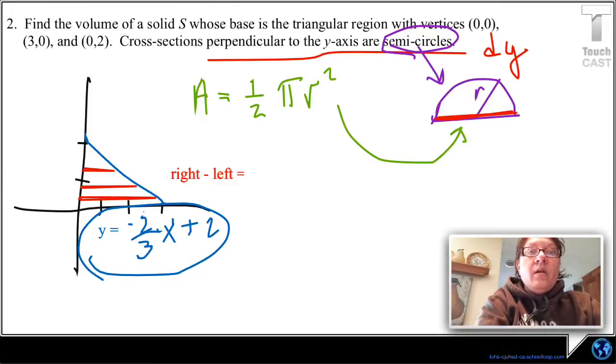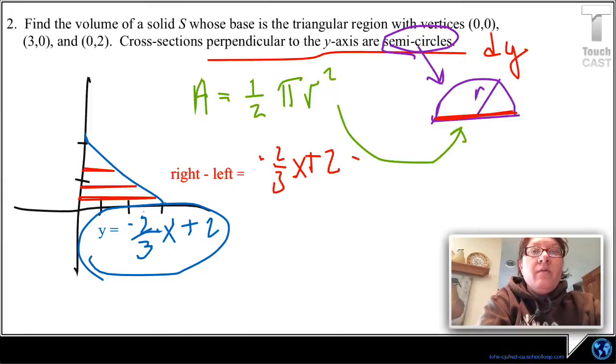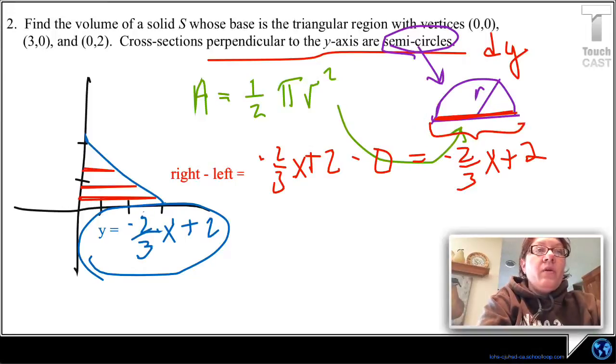So the right would be negative 2/3 x plus 2 minus the left, well, they all touch at 0, so it'll just be minus 0. And of course that just simplifies to negative 2/3 x plus 2. Now keep in mind that is the diameter and I need the radius. So I'm going to have to take half of that.